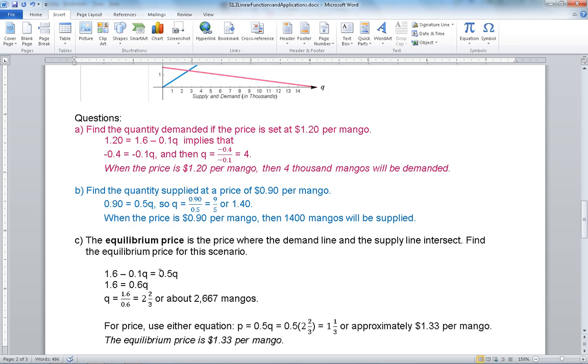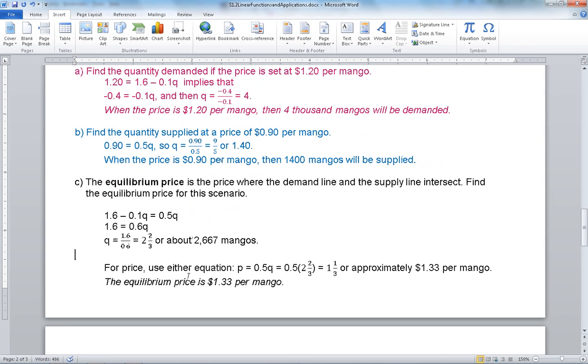I'm going to use the 1/2 Q equation because it's less arithmetic. So basically 1/2 of 2 2/3 is 1 1/3. Or if we were, again, rounding this off, we could say that is about $1.33 per mango. So the equilibrium price is $1.33 per mango.